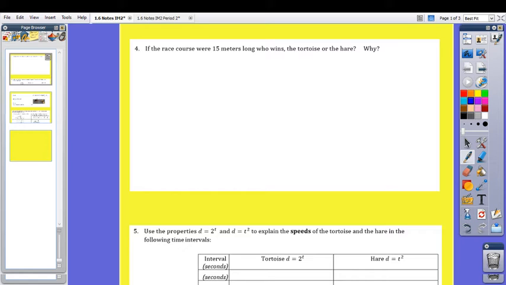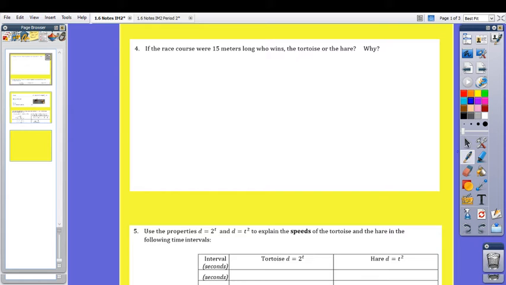It is saying that if the race course were 15 meters long, who would win, the tortoise or the hare? So if it is 15 meters long, then to win it, we need to find out who is reaching 15 meters first.